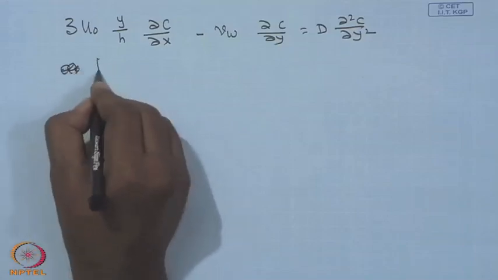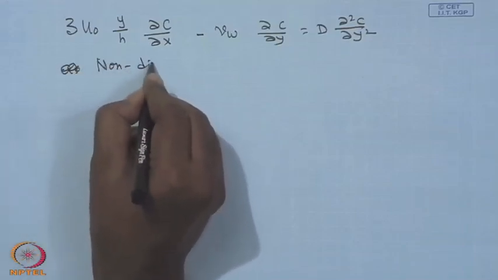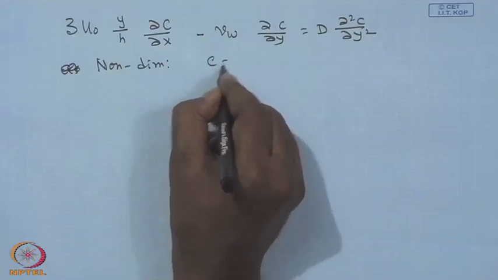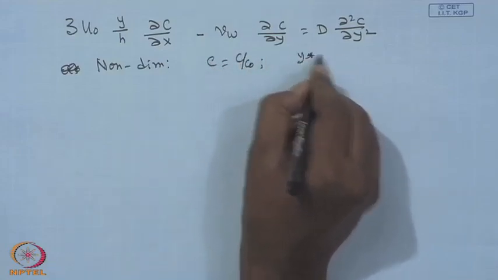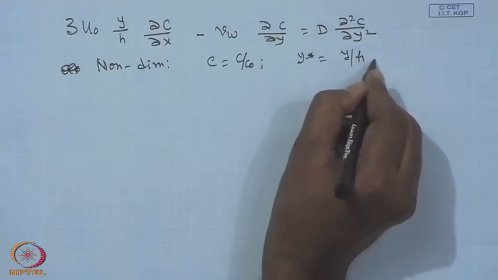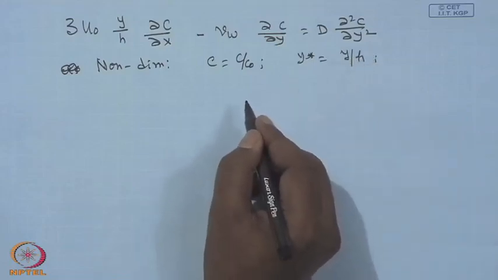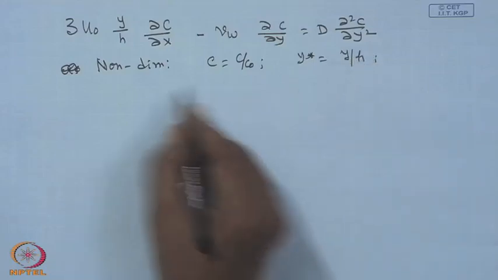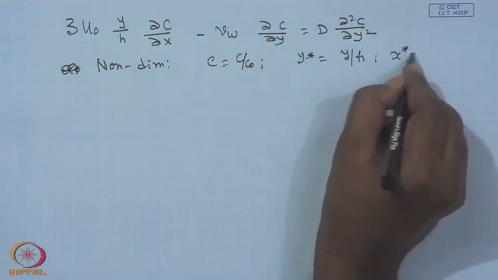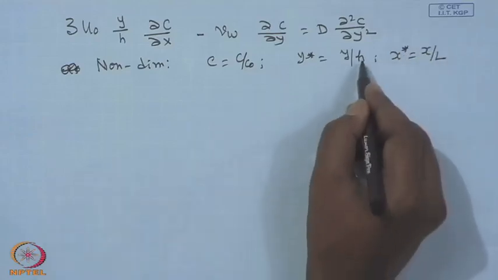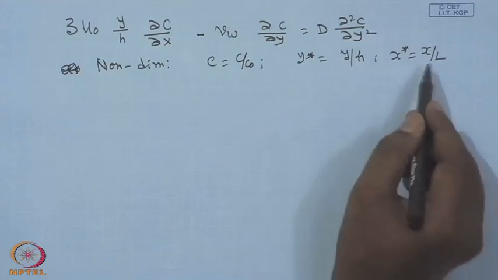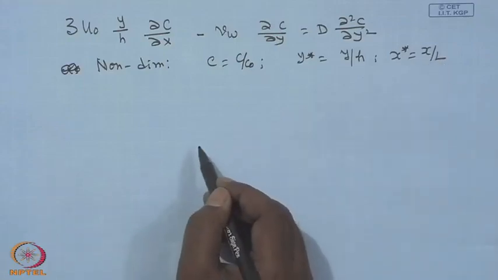We make this non-dimensionalization as follows: c star is equal to c by c naught, y star is y by half height of the channel, and x star is nothing but x by L. h is the half height of the channel in the y direction, and L is the length of the channel in the x direction.